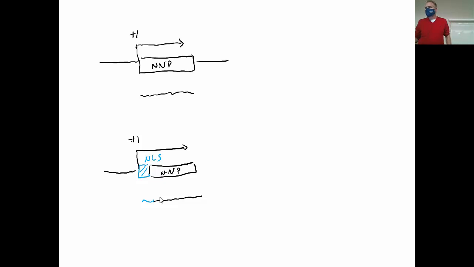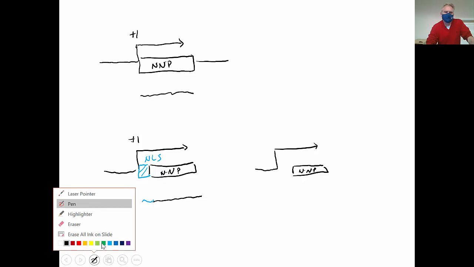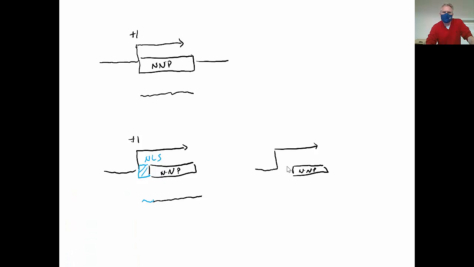So we've modified the gene, we've made it a little bit longer, and we've added this nuclear localization sequence to the N-terminus. We make another one, which is what we call a control, where what we do this time is we have our nuclear localization sequence.